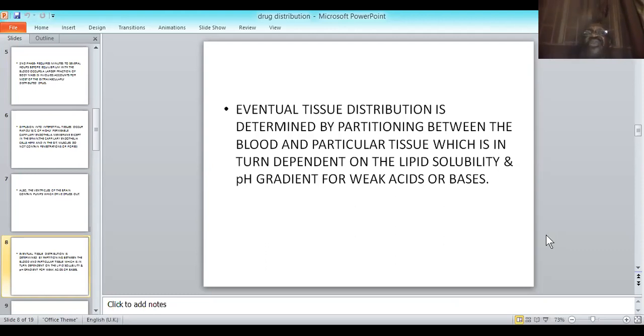So all this will now be superimposed upon what happens during the first and second phases of drug distribution with time. So we now have a lot of factors coming into play over time.